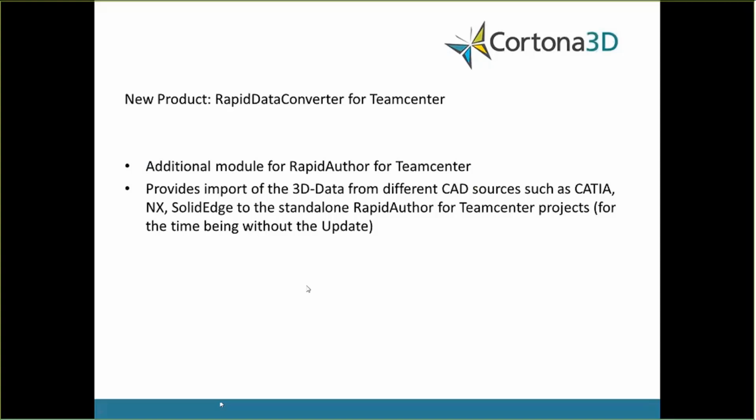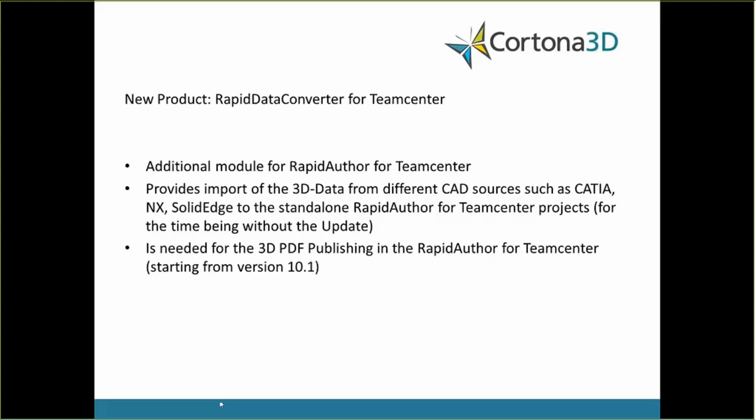An important note is that you will be losing the automatic update, which comes with the Teamcenter integration. The standalone update is planned for the upcoming 11.0 version of the software.